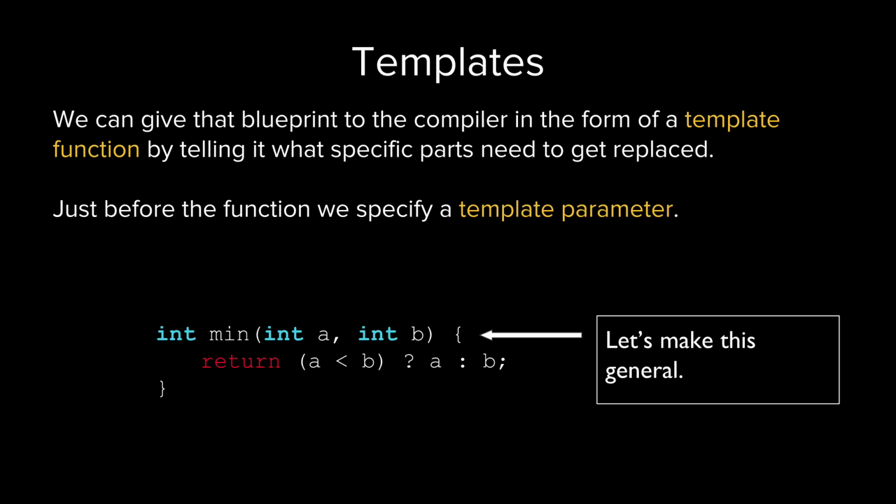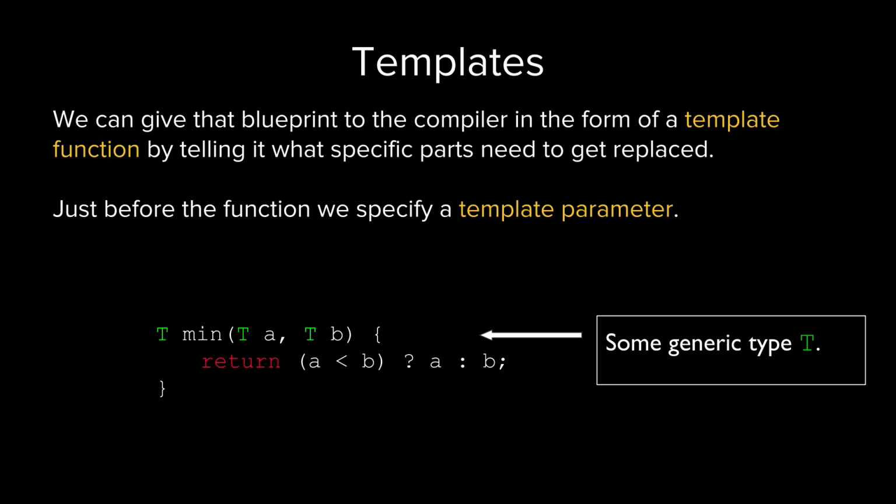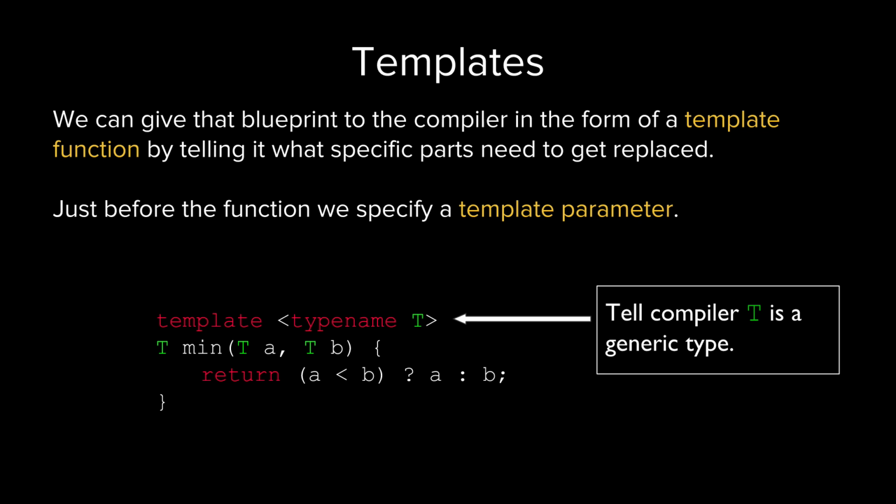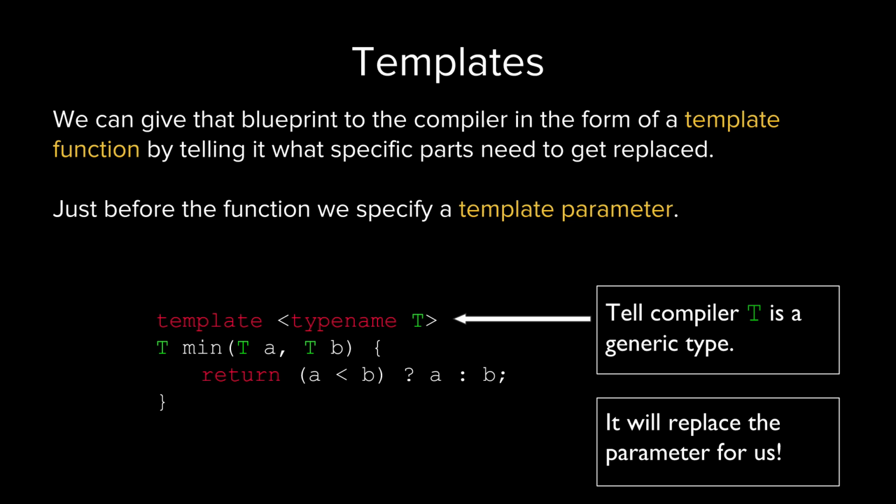So rather than having ints, we're going to make it some generic type T. You could call it whatever you want, I'm just going to call it capital T. And then all you have to do is tell the compiler T is a generic type. Just by doing these two things, you now have a min function that will work on any type, basically. And that's really powerful if you think about it.